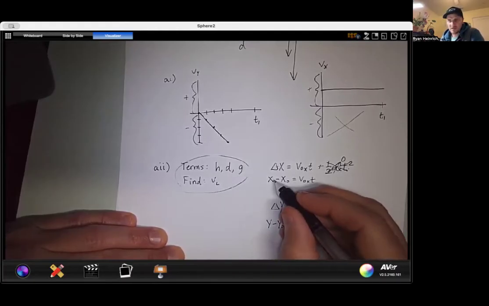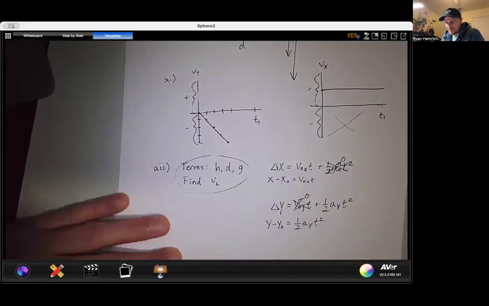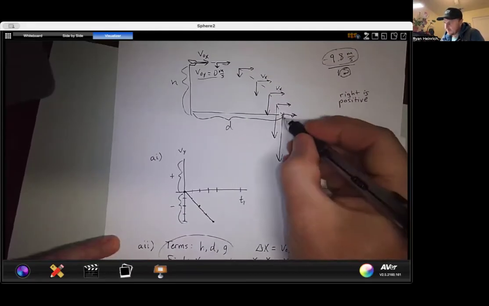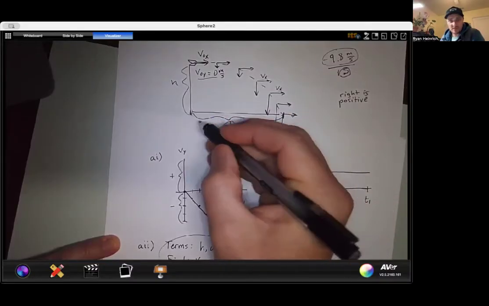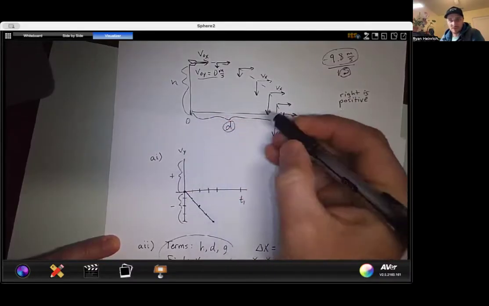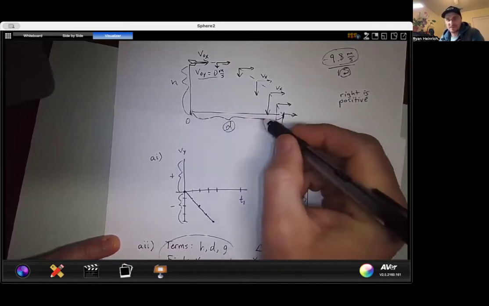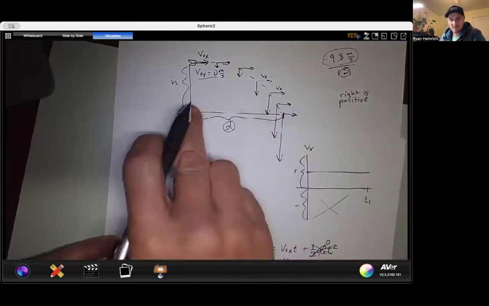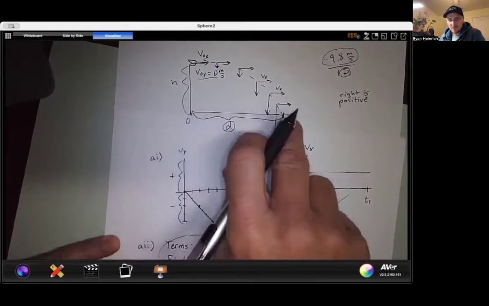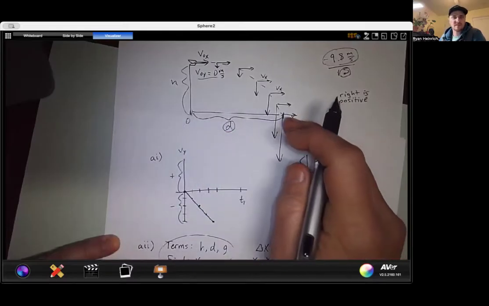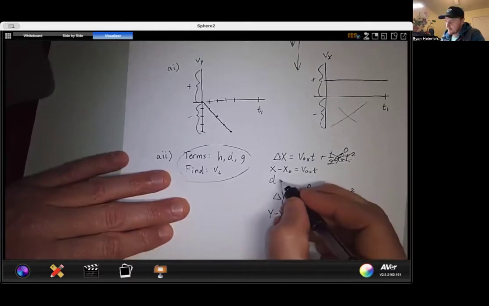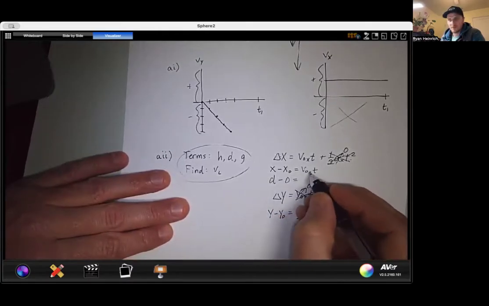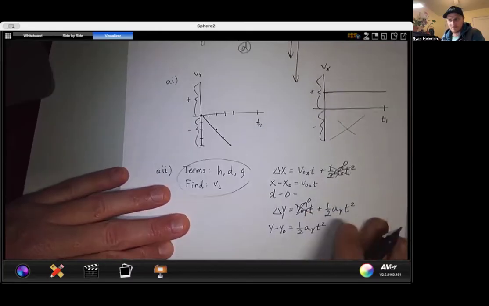Well, what is x? X is the final x position, which happens to be D. And what's the initial x position? 0, right? So I know we call this whole distance D, but if we're looking at them as positions, if I go all the way from 0 all the way over to here, I would call that a position D. So I'd say D minus 0 equals, what about v naught x? What in the world is that?